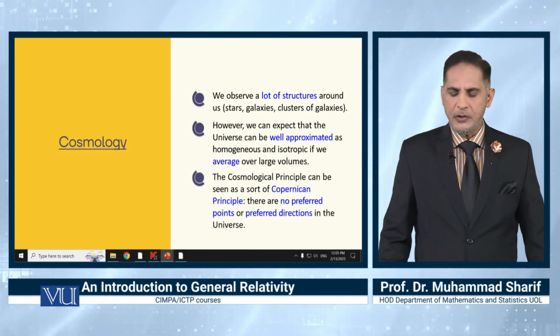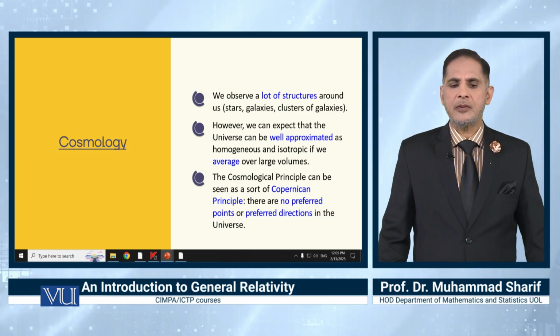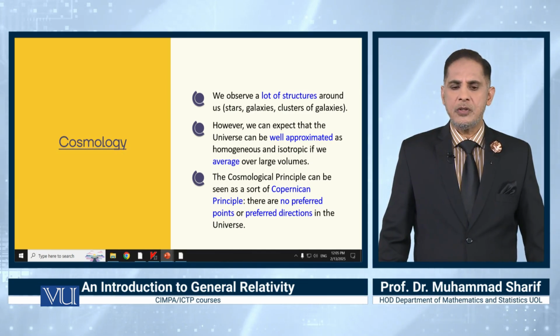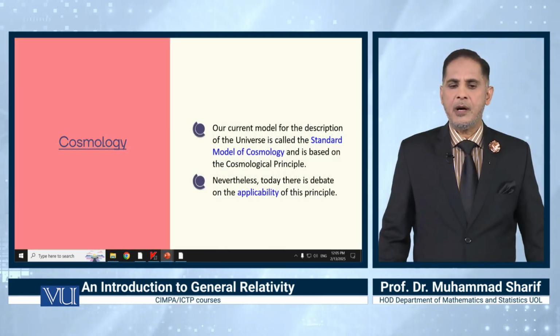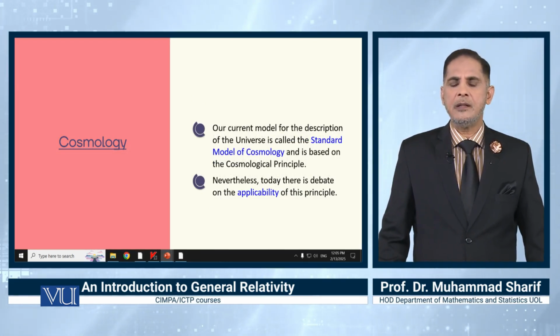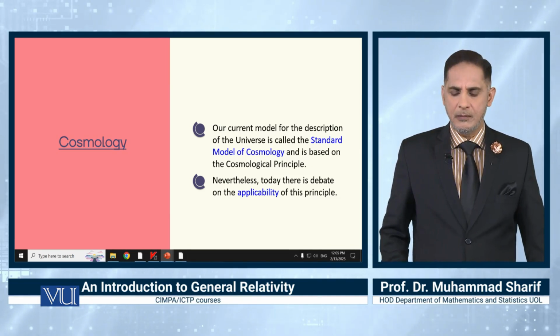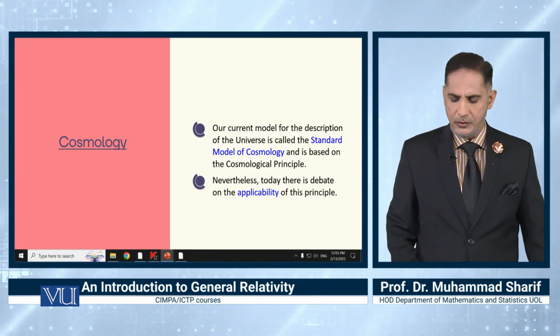The cosmological principle can be seen as a sort of Copernican principle, according to which there are no preferred points or preferred directions in the universe. Our current model for the description of the universe is called the standard model of cosmology and is based on the cosmological principle. Nevertheless, today there is a debate on the applicability of this model or this principle.